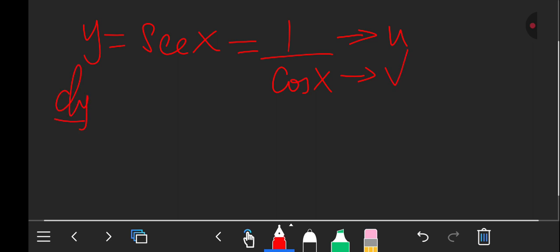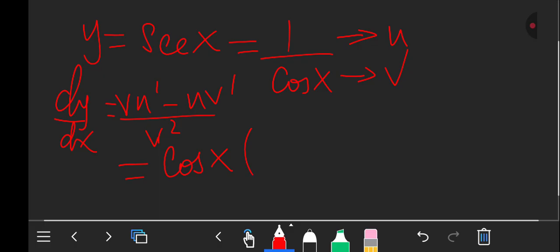dy over dx is equal to v u prime minus u v prime over v square. So this will be equal to, our v is cos x, our u prime.